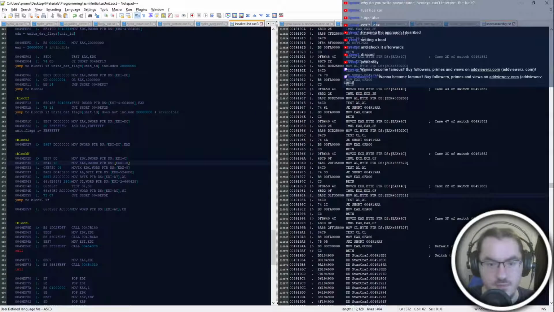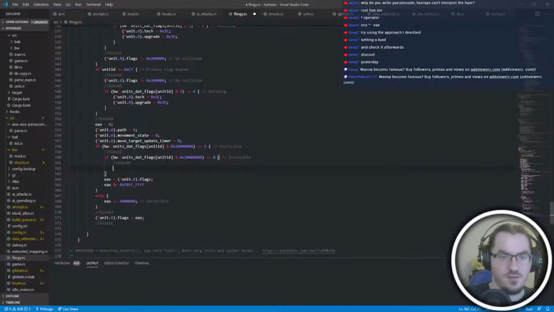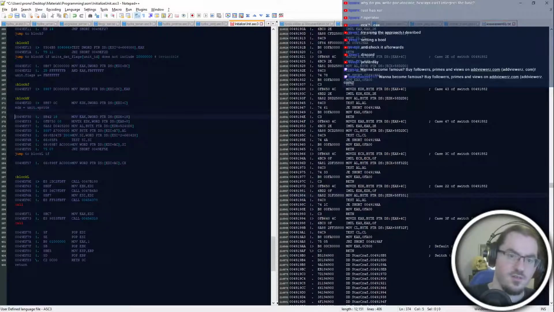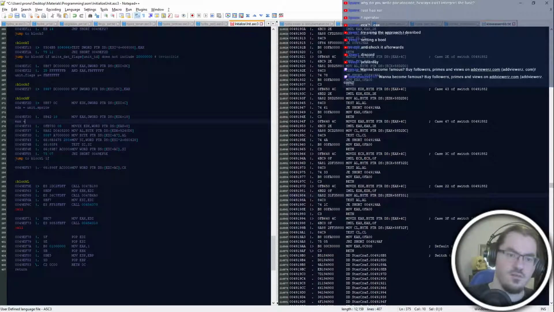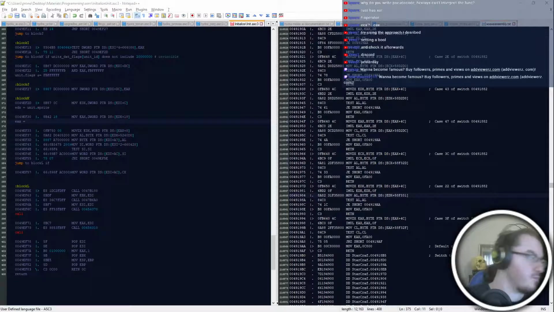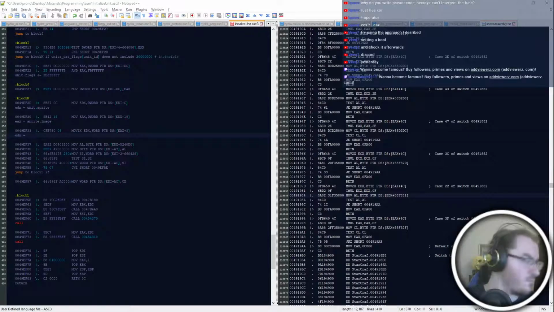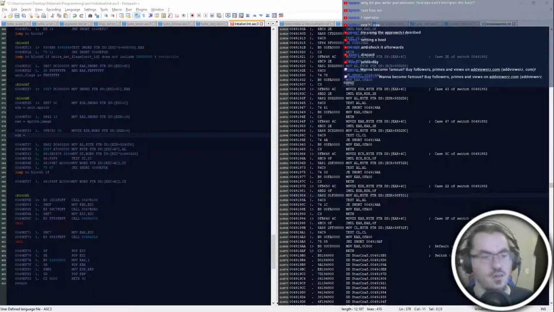Now we have block K, and we're looking at EDX equals unit sprite equals sprite. 18 is image. 0x8 image ID.